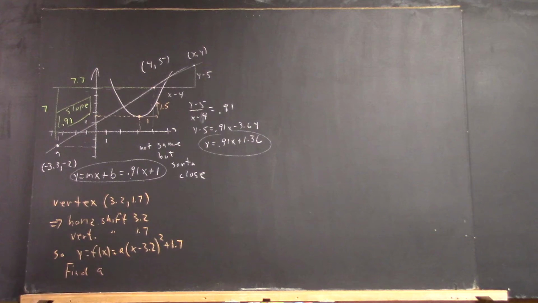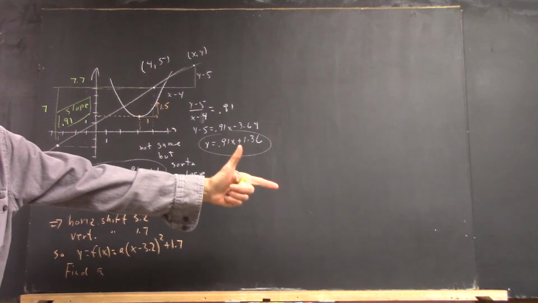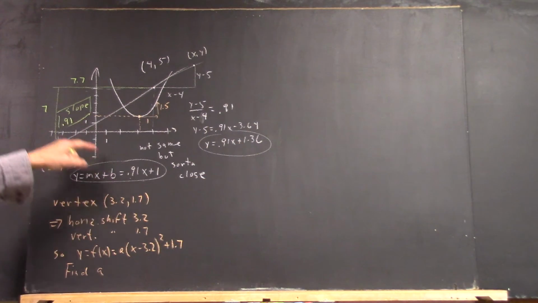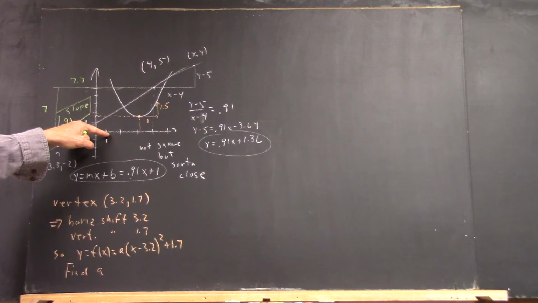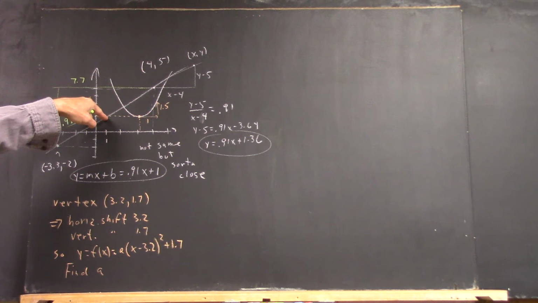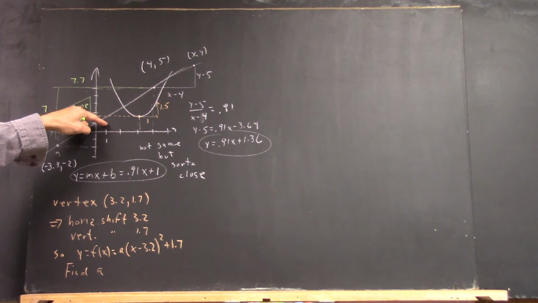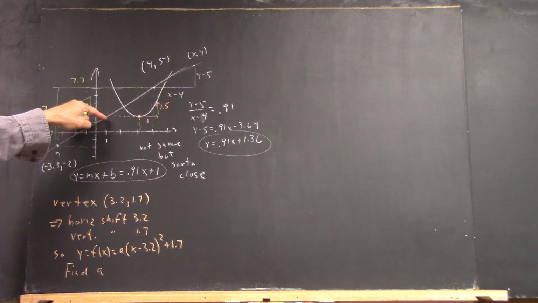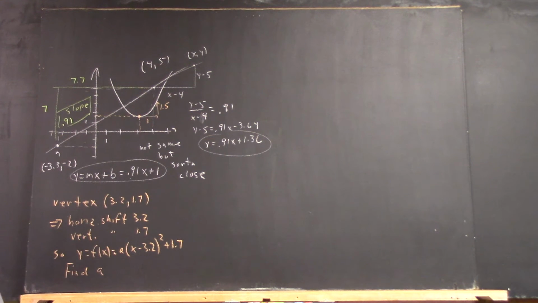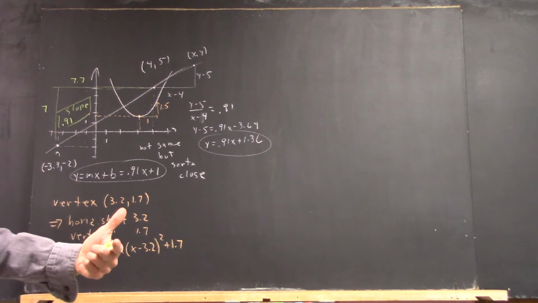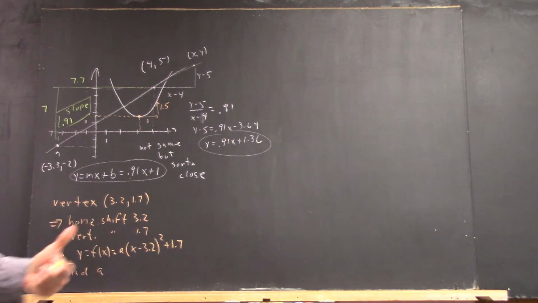Which means that before we shifted this graph, the vertex was at 0, 0. And if you went over 1 unit, you had to go up 1.5 units, right? Now the original graph had the point 1, 1. In order to get the point 1, 1.5, which would have to be in this graph according to this part of the picture, okay? I'd have to multiply it by 1.5. So right there is my vertical stretch.